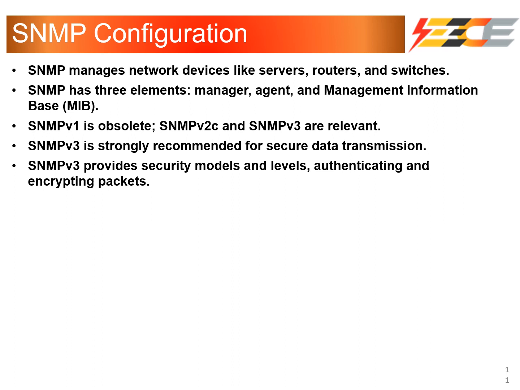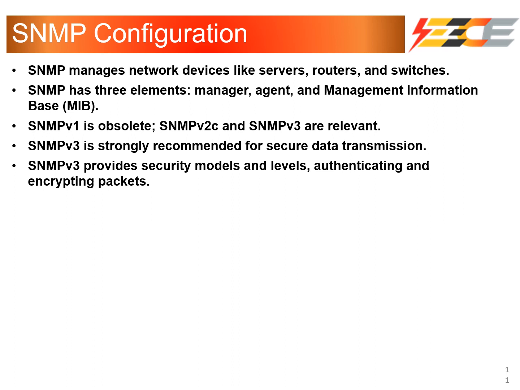SNMP v3 adds methods to ensure the secure transmission of critical data between managed devices. Version 3 provides for both security models and security levels. A security model is an authentication strategy set up for a user and the group within which the user resides. A security level is the permitted level of security within a security model.